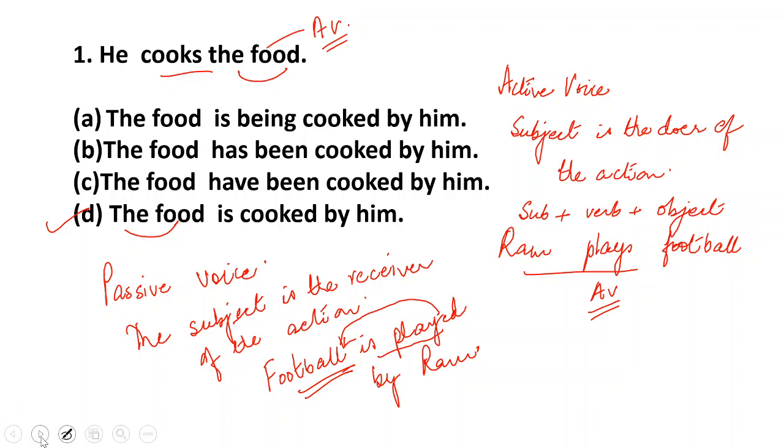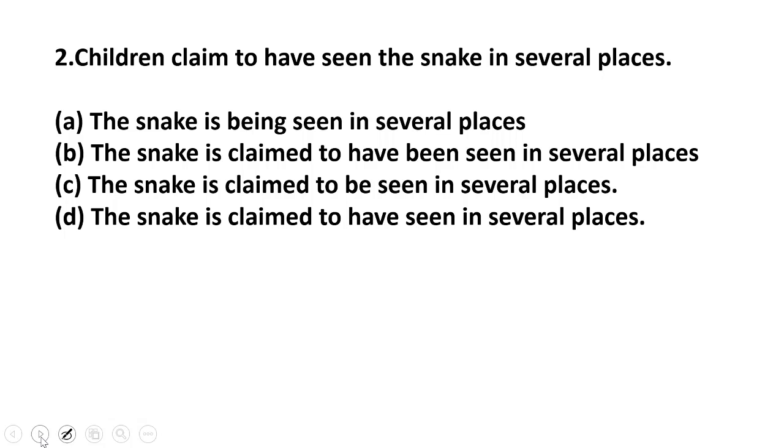Next sentence. This is simple present tense. Children claim to have seen the snake in several places. Now the first option, the snake is being seen in several places. No, this is utterly wrong. You cannot change the meaning of the sentence.